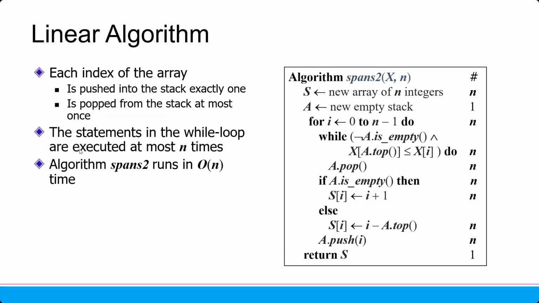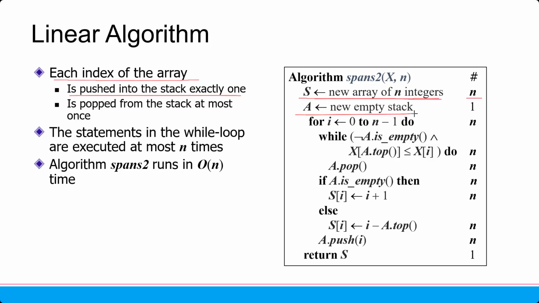You can see in this algorithm, each index of the array is pushed into the stack exactly one time. As it is an array of n integers, we will do n times, and A is a new empty stack.